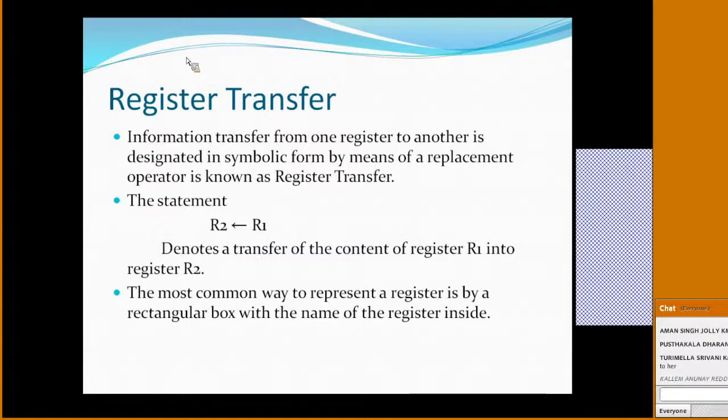In the same way, here also the register transfer always happens from R1's data, because the complete content of R1 will be moved to R2. This is the representation of register transfer language.